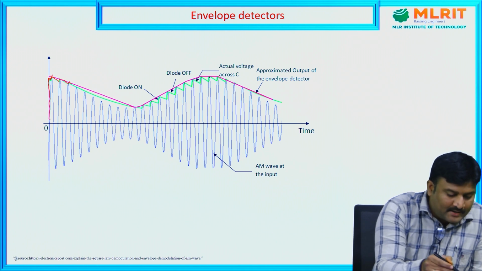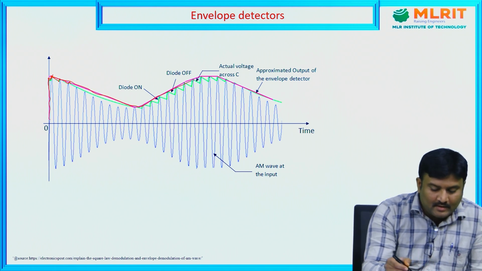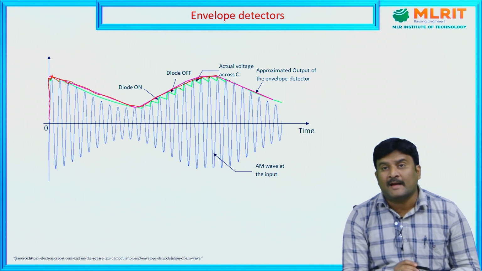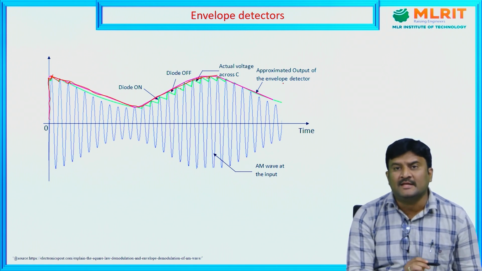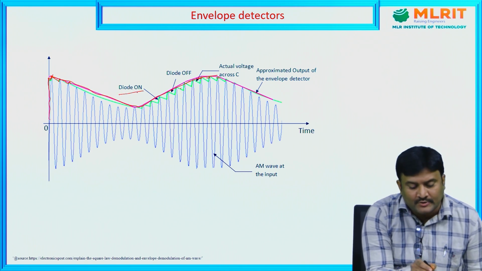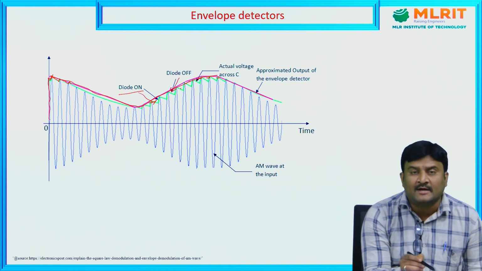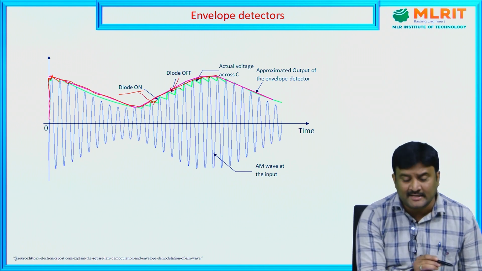When you combine all these charge peak envelopes, then observe the envelope. When you touch the envelopes of the carrier amplitudes, it should be exactly the message signal, nothing but our input signal. Therefore, the diode should be on in the case of the positive half cycle and off in the case of negative voltages or negative half cycles.